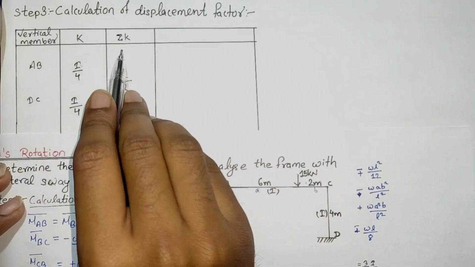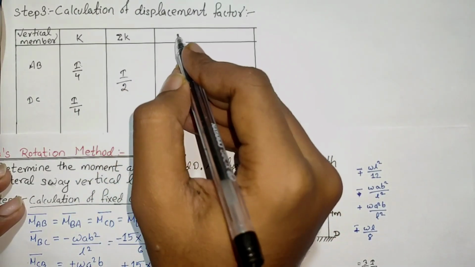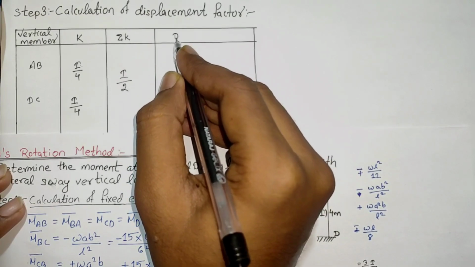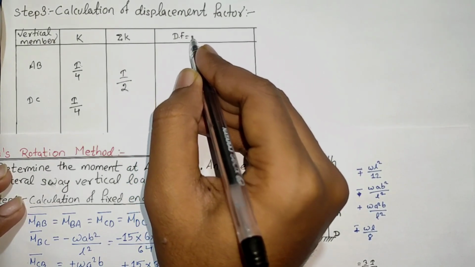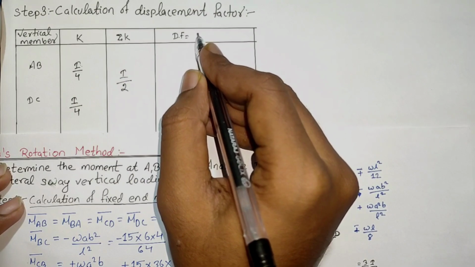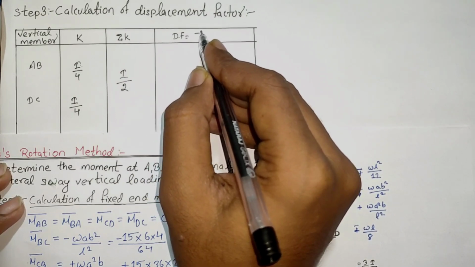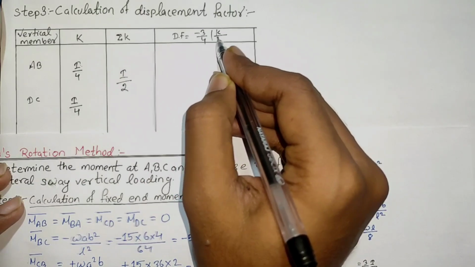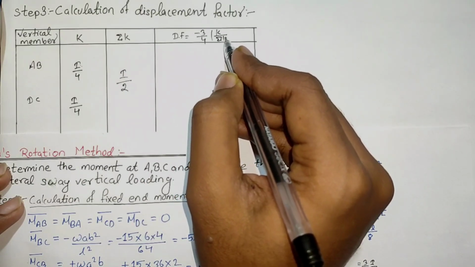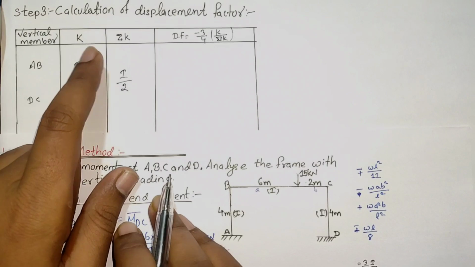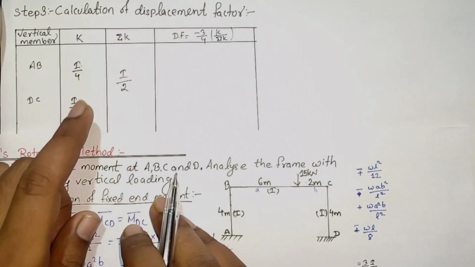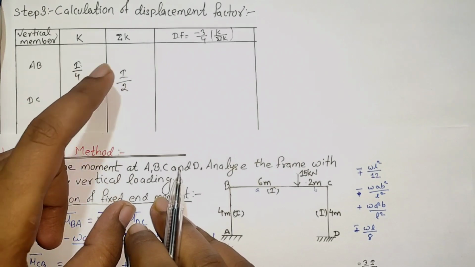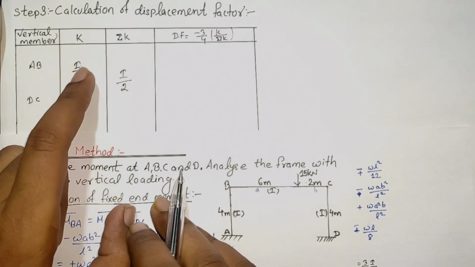Now after calculating the summation K, we calculate the displacement factor, for which we have a formula that says minus 3 by 4 times K by summation K. First find K by summation K, which means dividing 1 by 4 by 1 by 2, that is 1 by 4 times 2, which is 1 by 2.